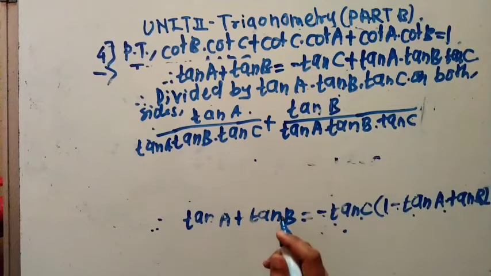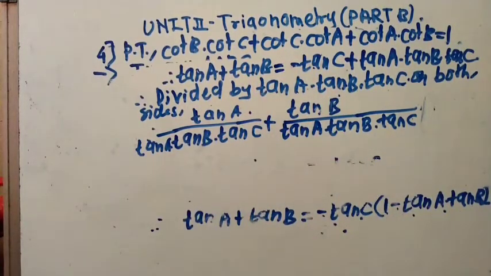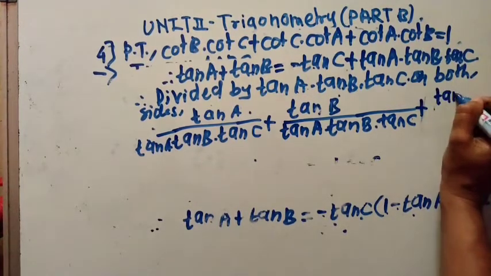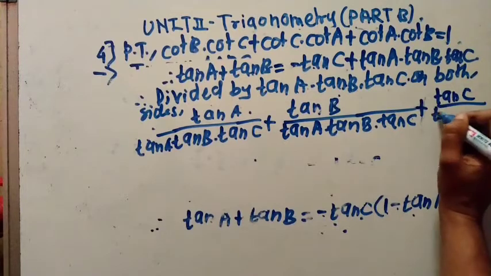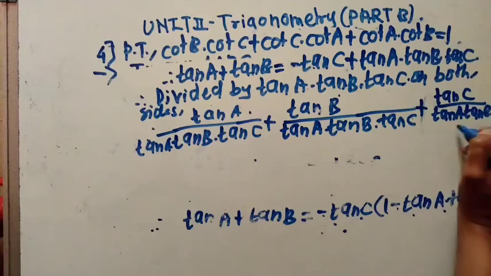Here first upon minus tan c comes, so plus, so plus tan c upon tan a into tan b into tan c.